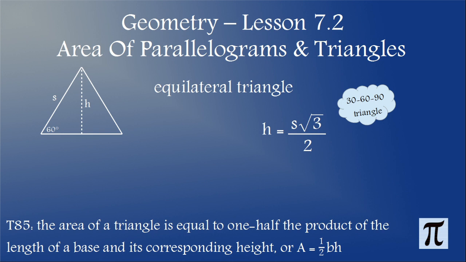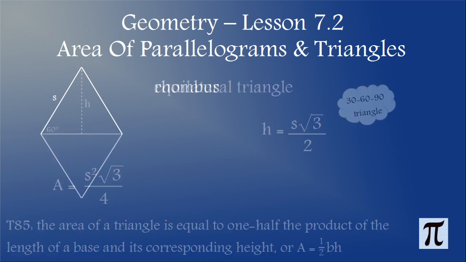So the area of this triangle will be 1/2 of the base, which is S, times this height value that we have here. So the area of an equilateral triangle is S squared √3/4. This is kind of a weird formula to memorize, but it is a good shortcut if you need to find the area of an equilateral triangle.